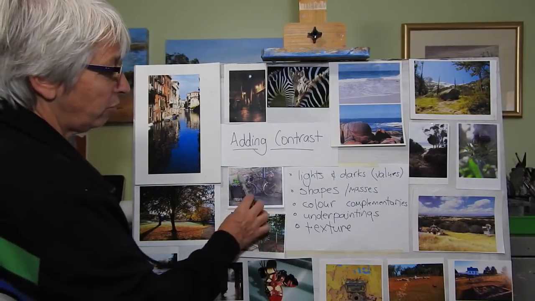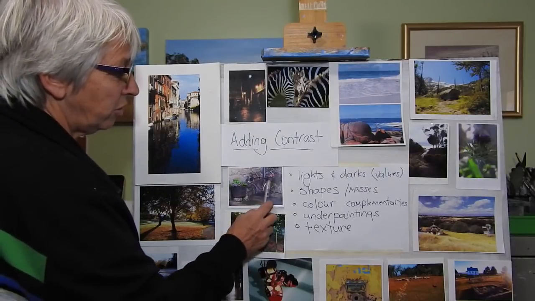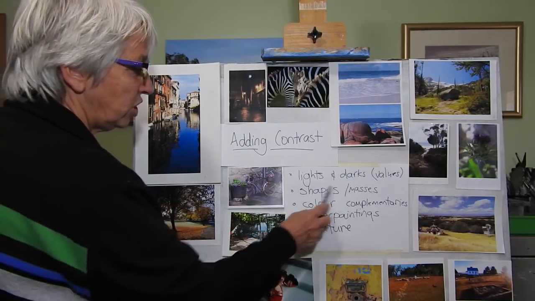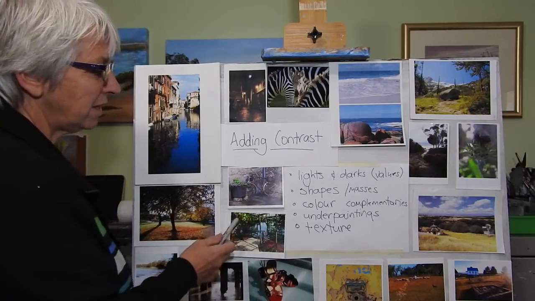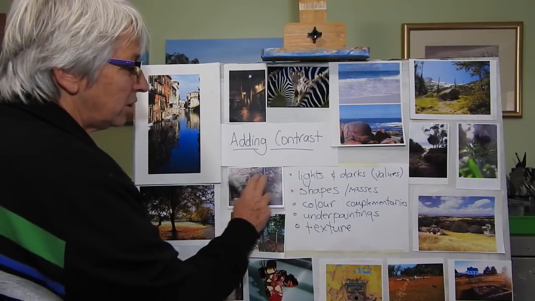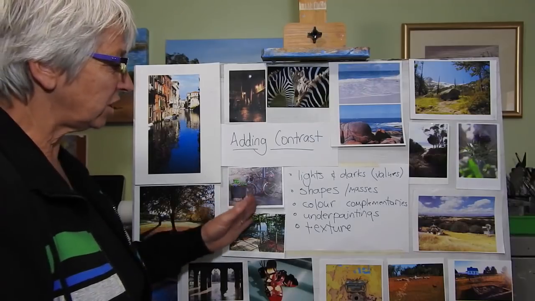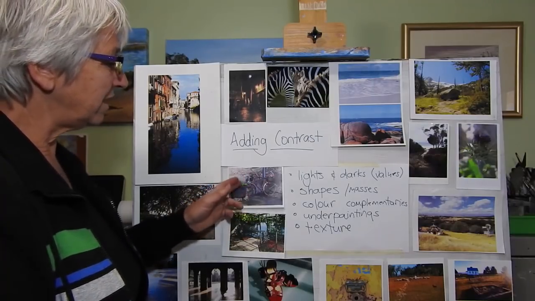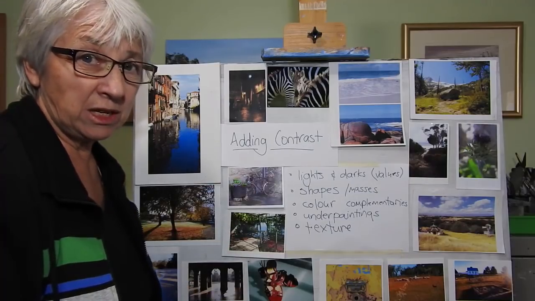So here we've got a rough stone wall, we've got round circular shapes and triangular shapes on the bike, so we've got shape contrast. But we've also got these soft masses of flowers, and they're in strong contrast to all the hard stone, man-made features that we have in that. So we're adding texture and contrast through the different textured objects that are represented in our painting.